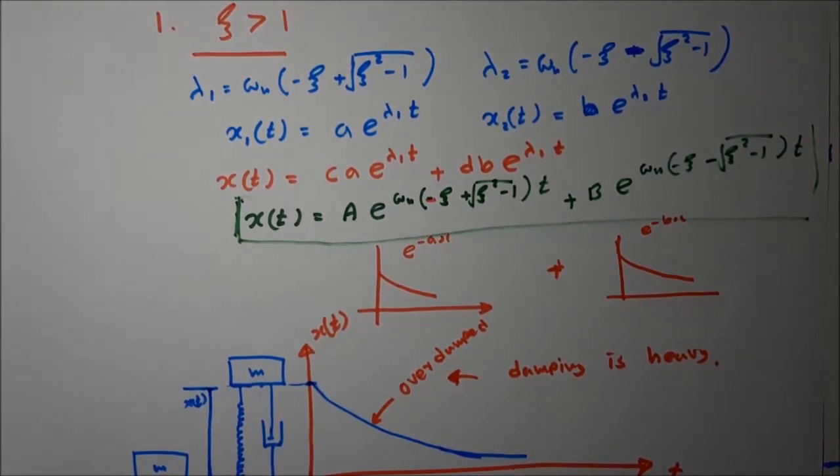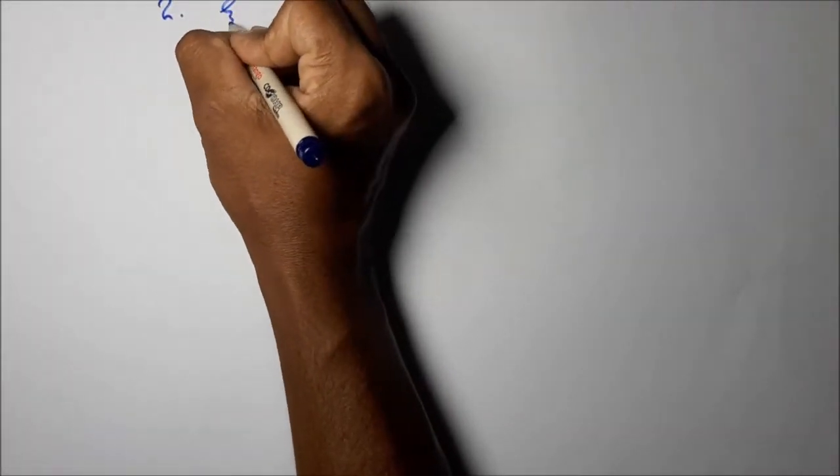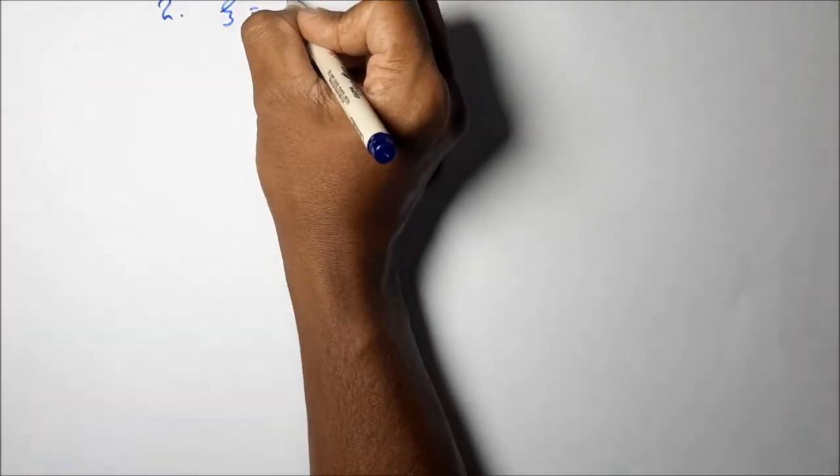Theta is equal to 1. Let's take the second condition, theta is equal to 1. What happens if theta is equal to 1?